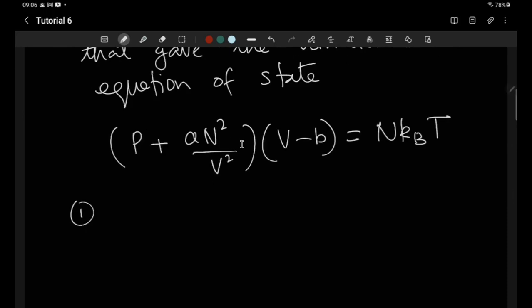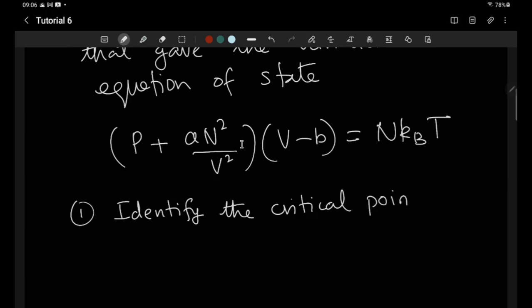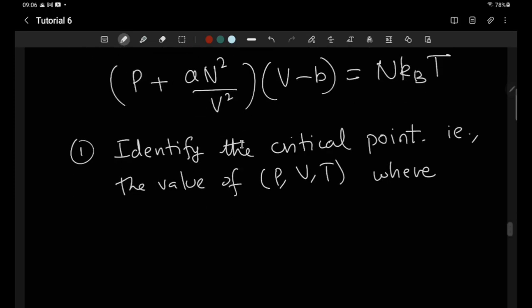So the first item is to identify the critical point, that is the value of P, V, T where there is an inflection point.